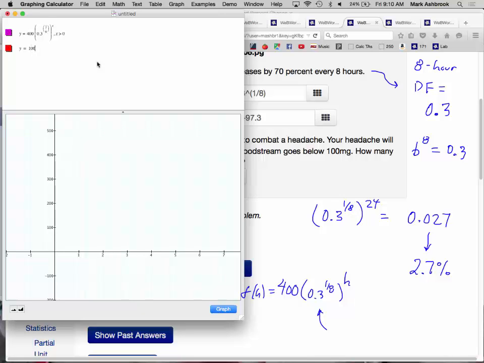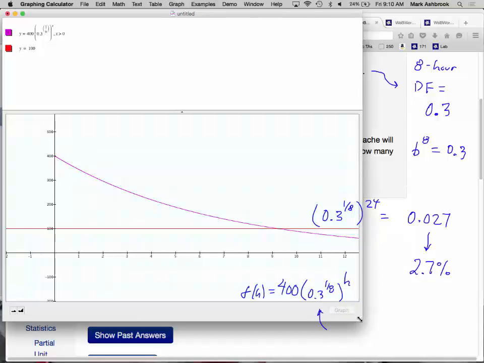Y, because the output is our milligrams. So this is the key point here. And it looks like 9.2115 for x and 100 for y.